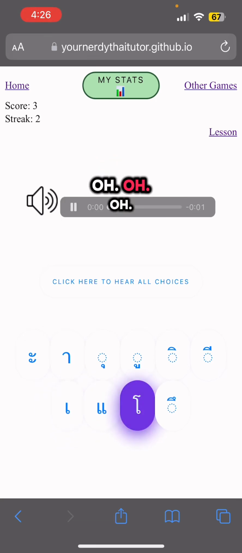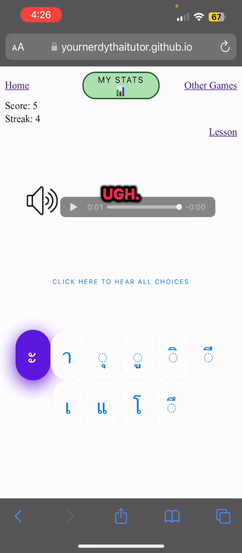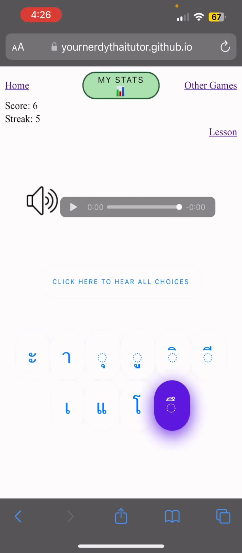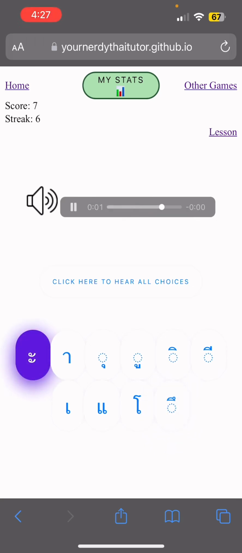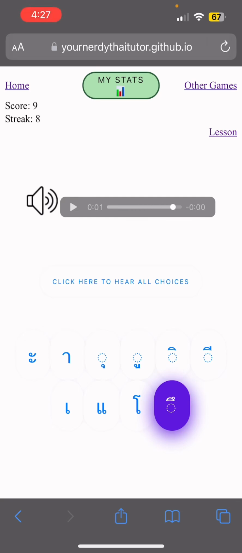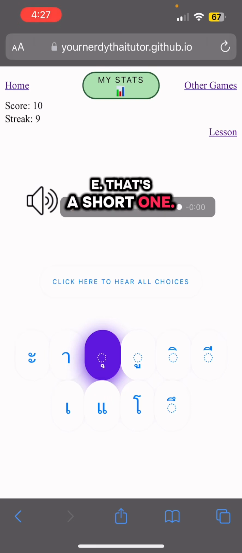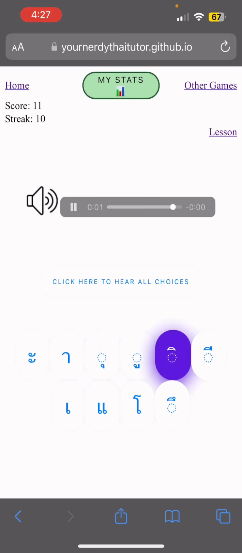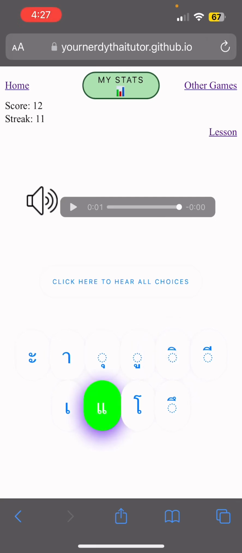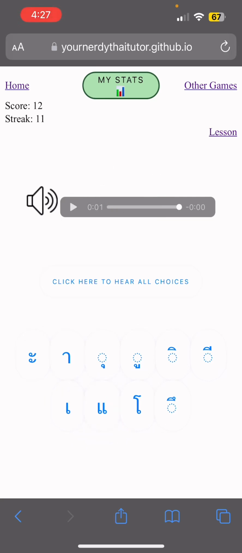O is O. Ah, short. Uh. Ah. Okay. Ah, short. Boom. U. Ooh, short. E. That's a short one. Ah, no tail. Eh. I told y'all I'm learning my as. Short.